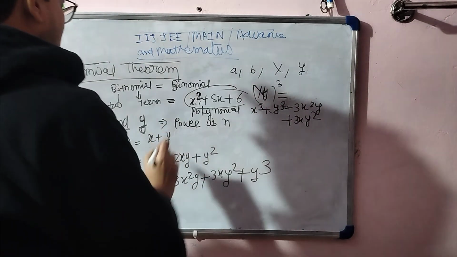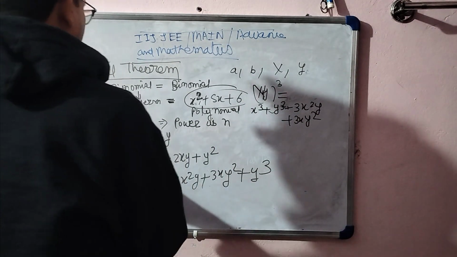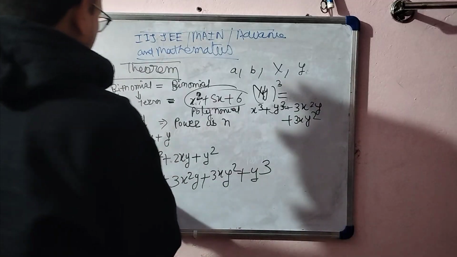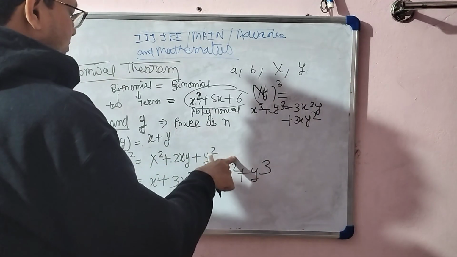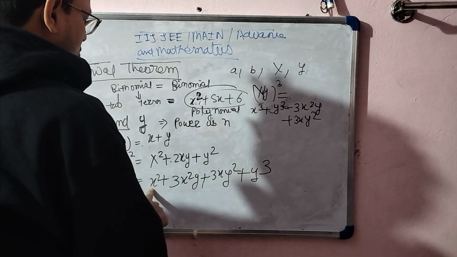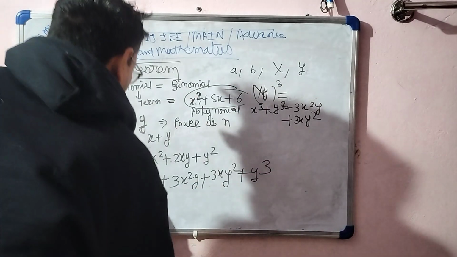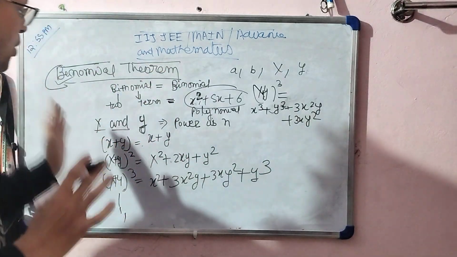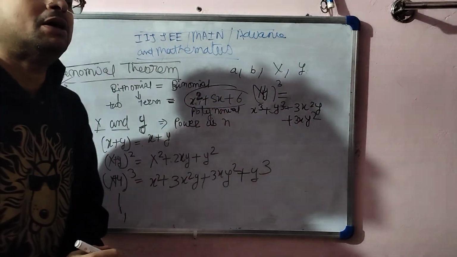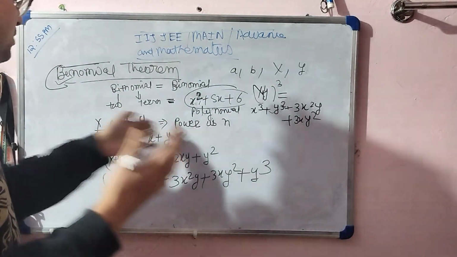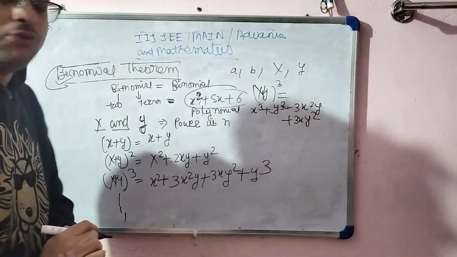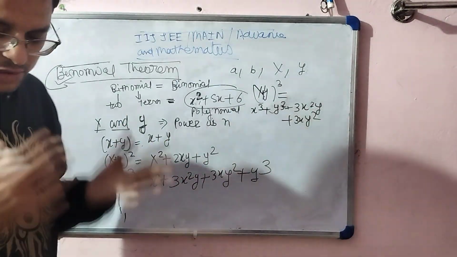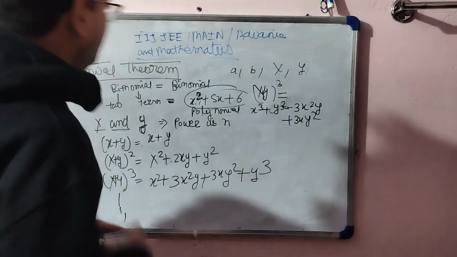In that formula, x plus y whole square is x square plus 2xy plus y square, and x plus y whole cube is x cube plus 3x square y plus 3xy square plus y cube. You understood that point in the preceding class. Then how does the binomial theorem express that?